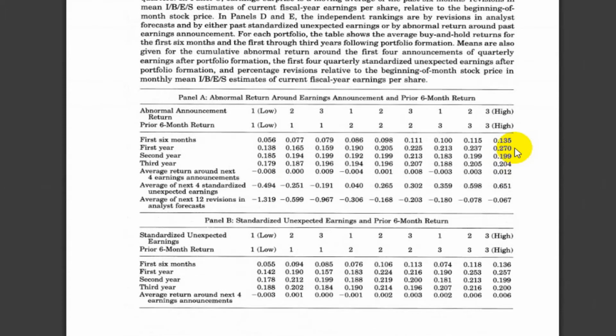So what we find here is that using price momentum, which is the prior 6-month return, in conjunction with earnings momentum actually increases the returns, and they don't subsume each other. They both have their own ways of increasing the returns and they don't necessarily replace each other.